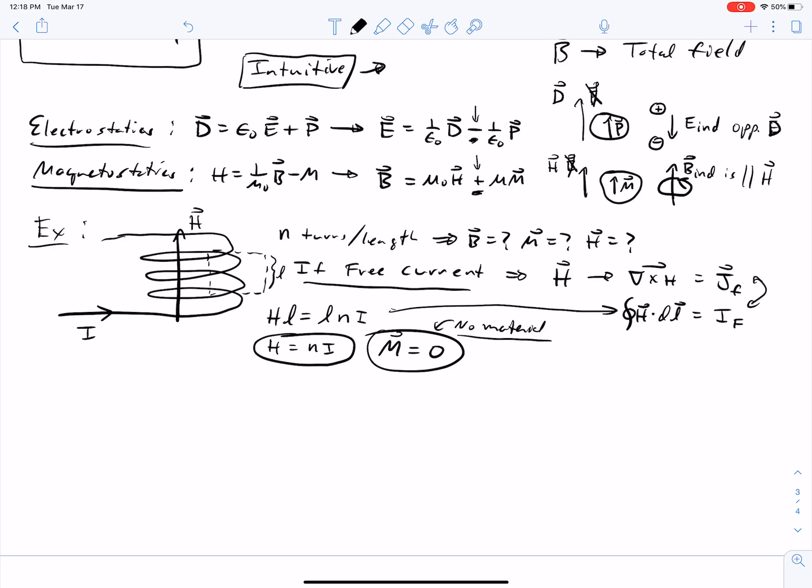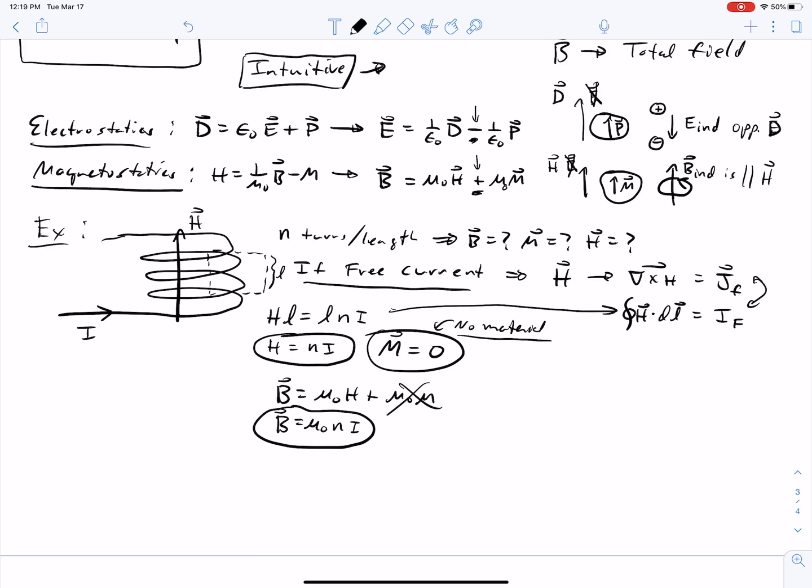And so then it's easy to get B, because we know that B is equal to mu naught H plus mu naught M. If M is 0, then B equals mu naught H, and B is equal to mu naught N I, which is a familiar formula that you've derived before for solenoids. But I just wanted you to see it in this case.